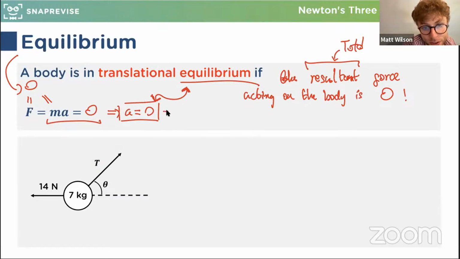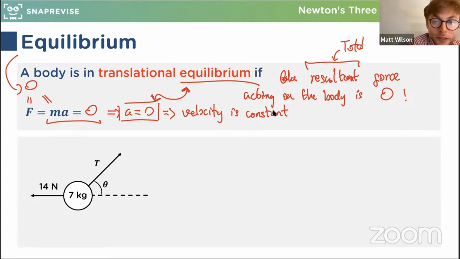And notice if the acceleration is zero, that means the velocity is constant. Why is that? Well, acceleration is the rate of change of velocity. If the rate of change of velocity is zero, that means the velocity is not changing with time. That means it's constant. This is Newton's first law.